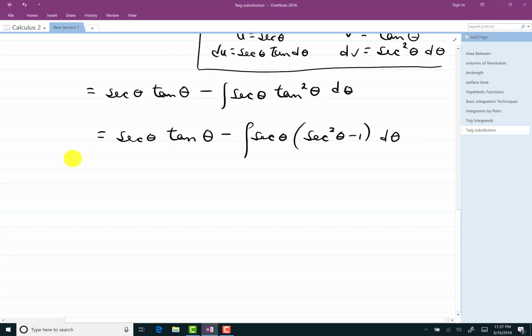Alright, let me multiply through a little bit. Well, this is really nice to have that secant cubed because I had on the other side a secant cubed. You'll see what I mean in a second.